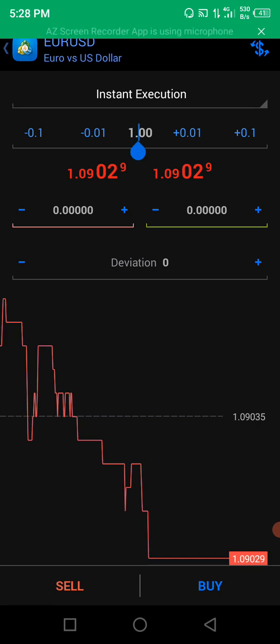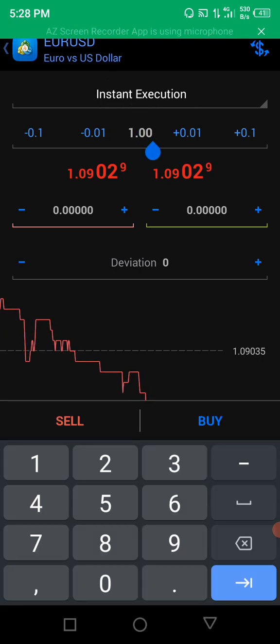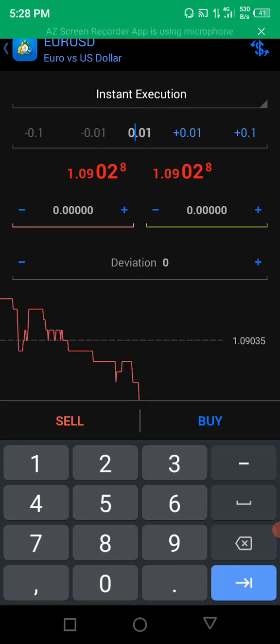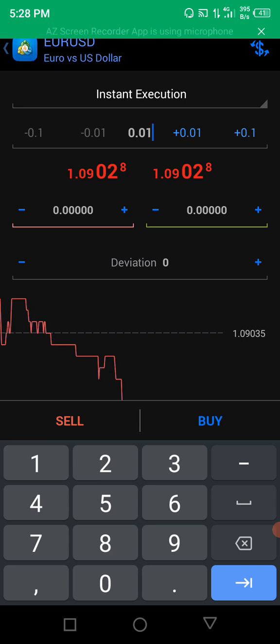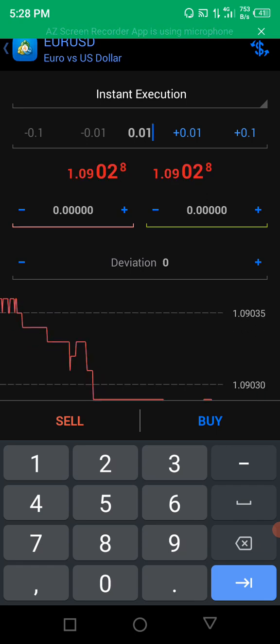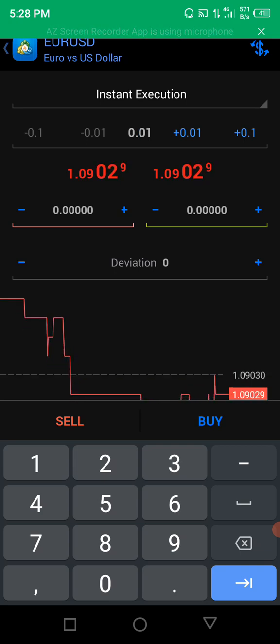So let's say we want to enter a trade for 0.01, so we'll just put 0.01. If you want to increase, then you can come here and increase. If you want to reduce, you come here and reduce that. So the lot size is actually determined by the amount you have in your capital, your balance.